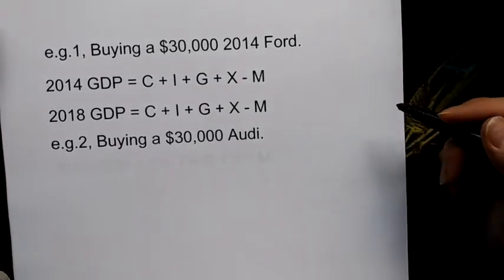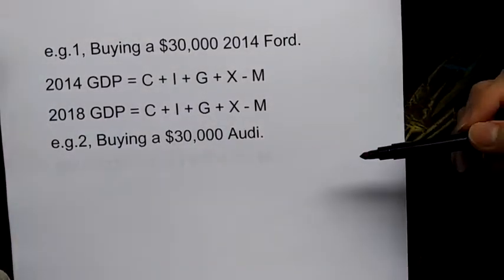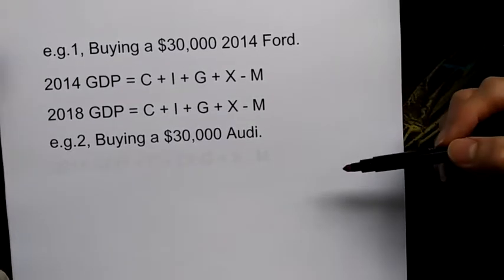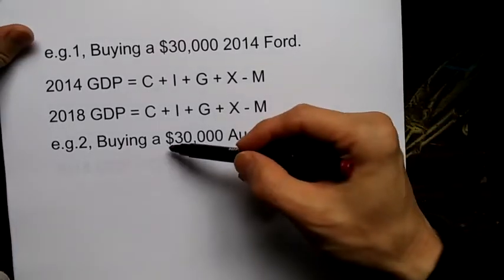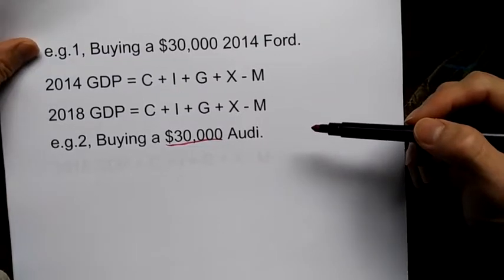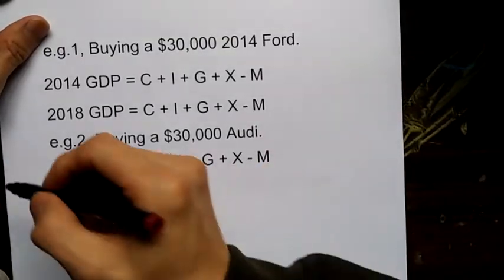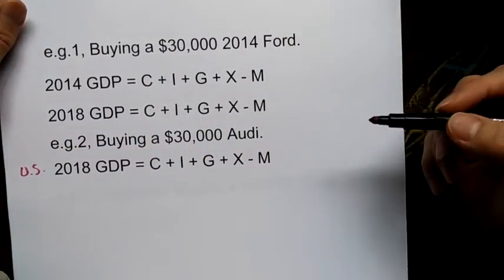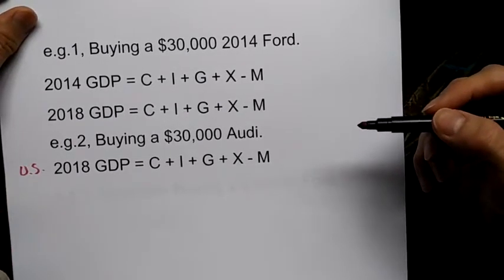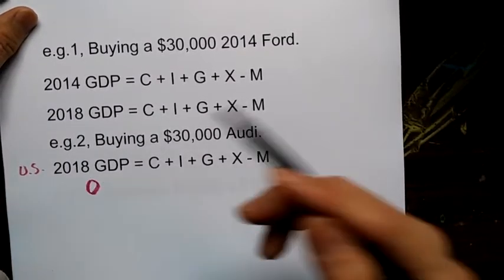Now, second example. Buying a $30,000 Audi. Who produces Audi? Germany. Therefore, these $30,000 should be in German nominal GDP. So this is United States 2018 GDP. Do we produce this car? No, so it is not in our GDP.